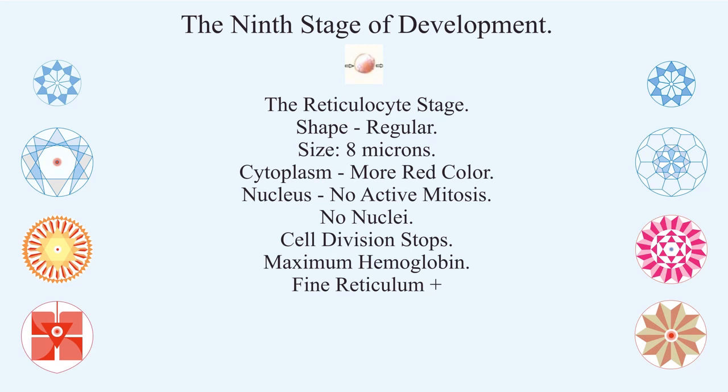By this time the formation of the mature RBC has come to a more or less final stage, and it moves from the bone marrow into the blood circulation at this juncture. Irregular has become regular, size has become smaller, more concise, more red, more towards the final form.